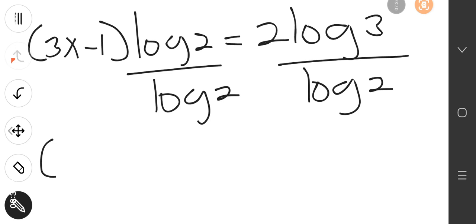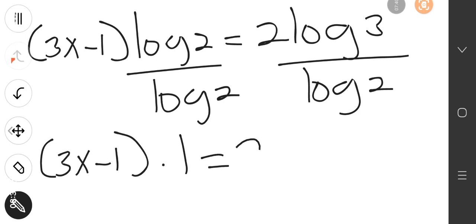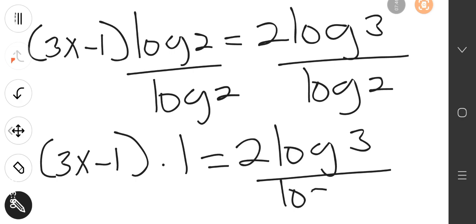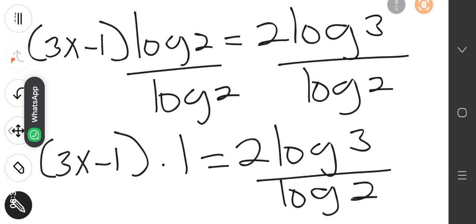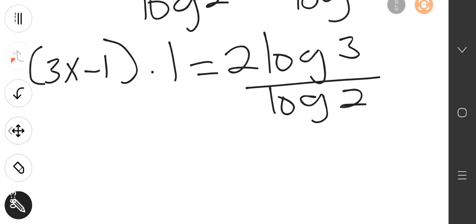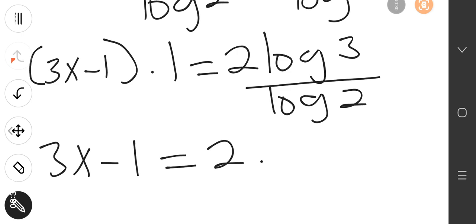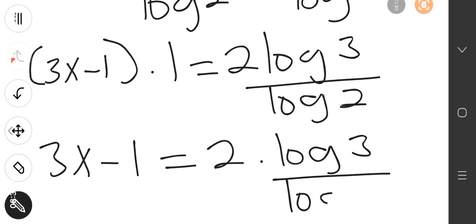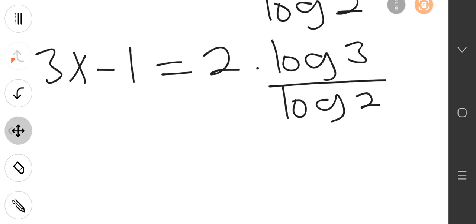So you're going to have 3x minus 1 times 1 equals 2 log 3 over log 2. Now the equation is going to be 3x minus 1 in a bracket times 1. So that gives us 3x minus 1 equals 2 times log 3 over log 2.